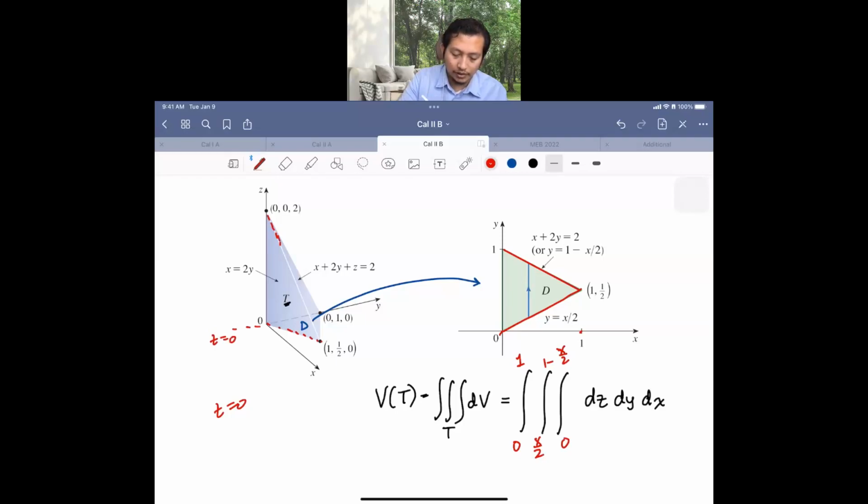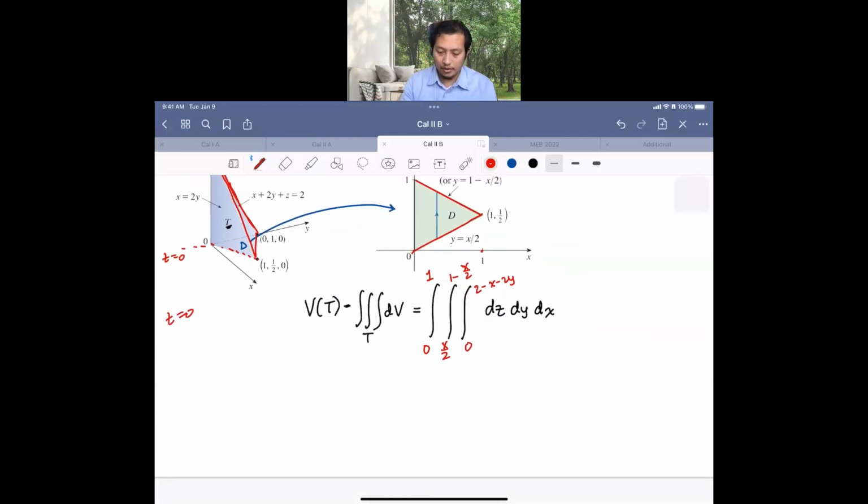All the plane here. So we could say that z is 2 minus x minus 2y. That will be our function of two variables. So we could write down here 2 minus x minus 2y.